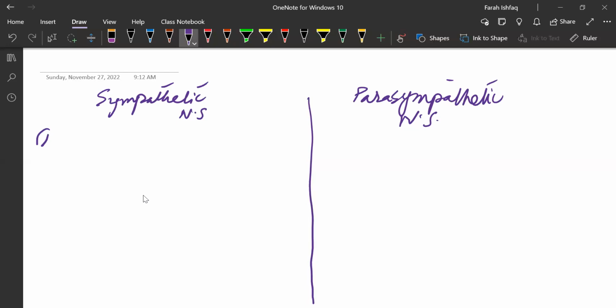So first we will discuss the anatomical differences. As you know, this autonomic system consists of two neuronal pathways, preganglionic neurons and postganglionic neurons.